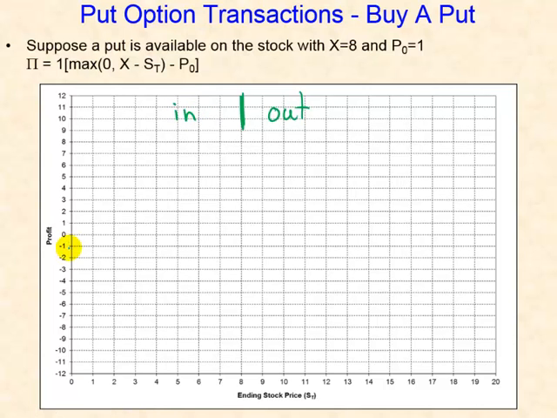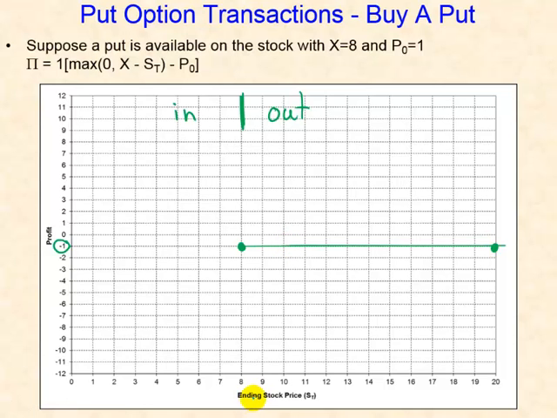Now, if the put's out of the money, we're simply going to lose the option premium, which in this case is $1. So I'm going to come down to -1 and over to 8 and plot a point there. I know for any stock price higher than 8, the option will expire out of the money and we'll simply lose our premium. So at high stock prices, our loss is -1 regardless of how high the stock price goes.